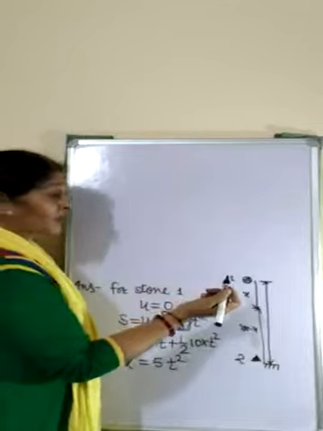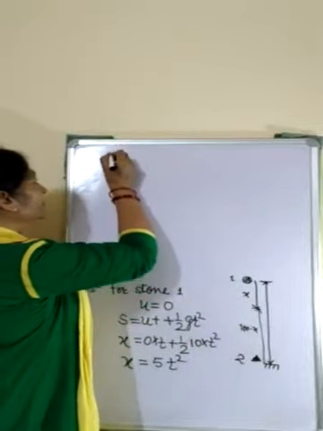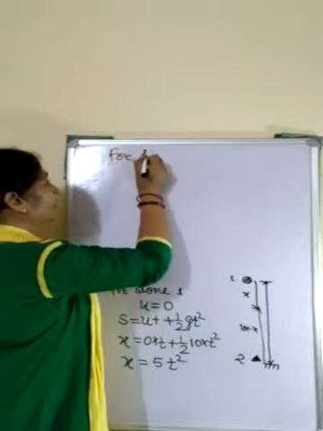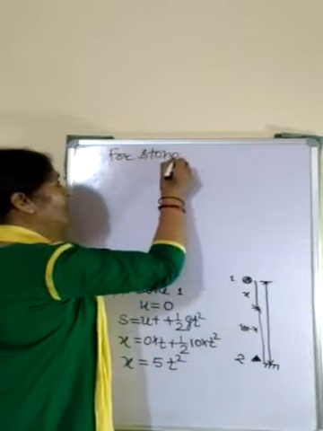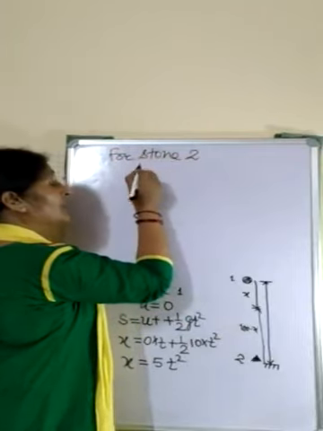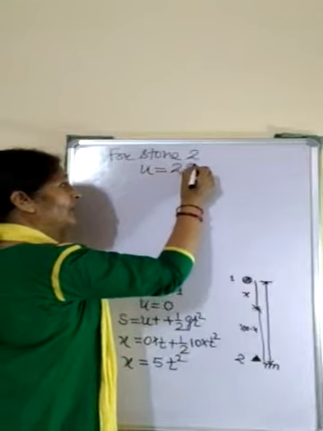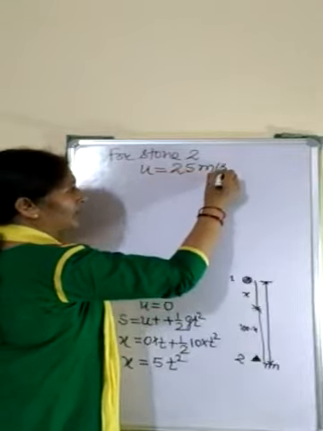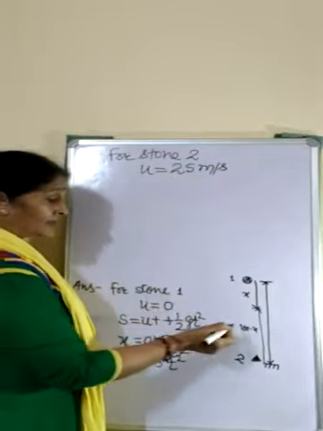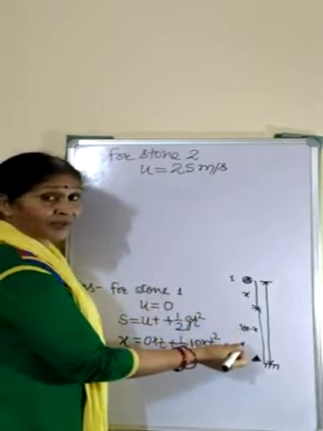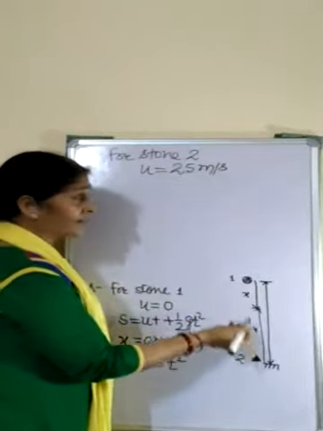Now for stone 2. For the second stone, the initial velocity given in the question is 25 meter per second. And the distance travelled from here we will write 100 minus x.